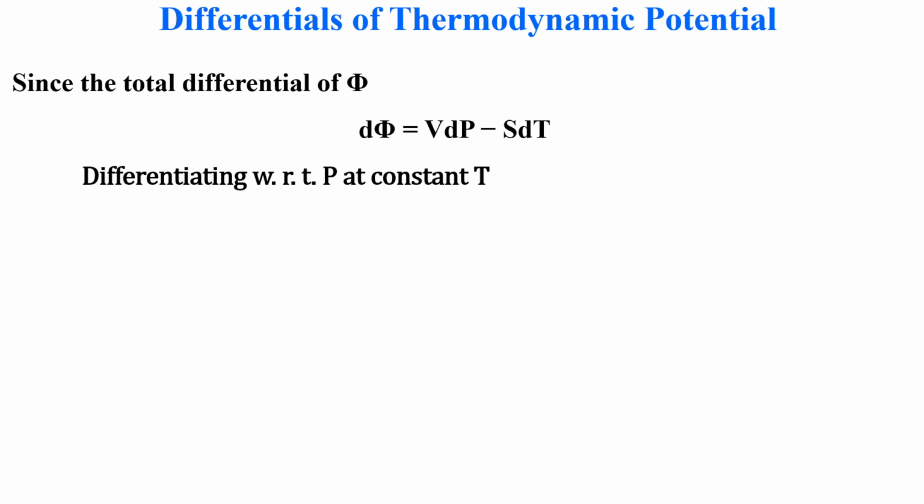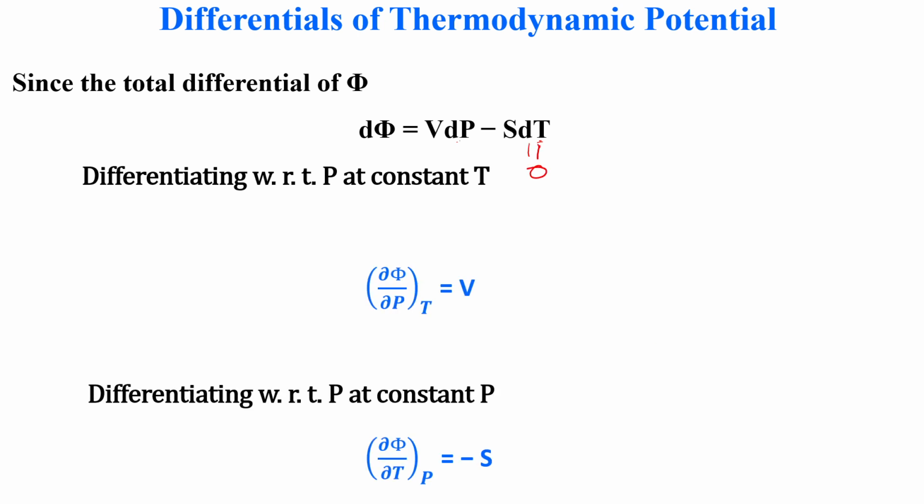Now on differentiating it with respect to P, keeping temperature constant, the second term will become 0, and curly phi upon curly P at constant temperature comes out to be V. Again, similarly, differentiating with respect to T at constant P, the first term will become 0. So we are left with curly phi divided by curly T at constant pressure, which comes out to be minus S. So these are two differentials of thermodynamic potentials.